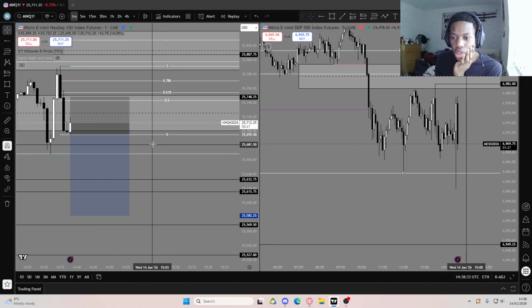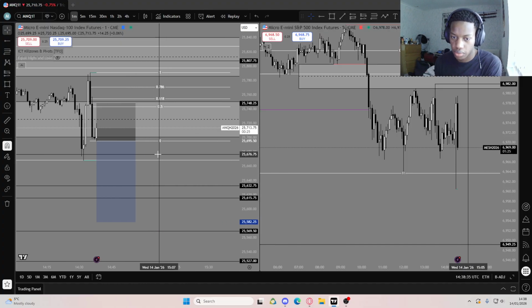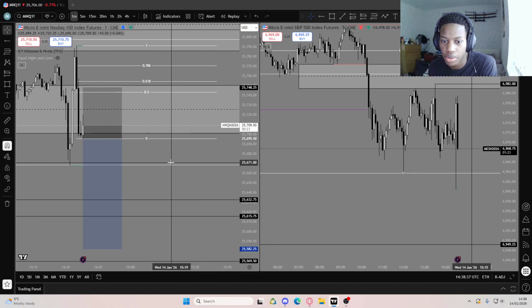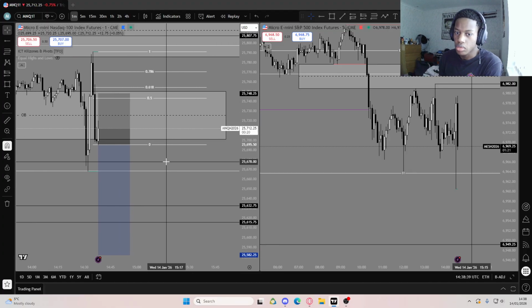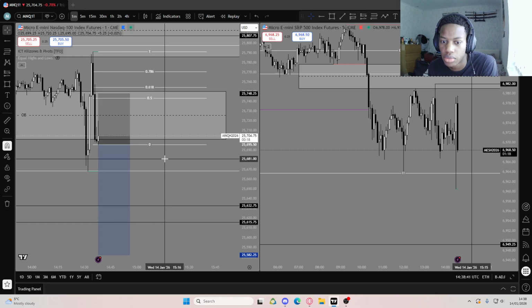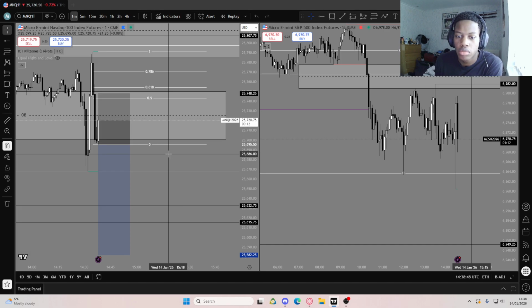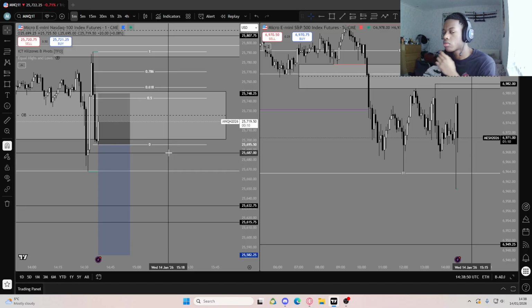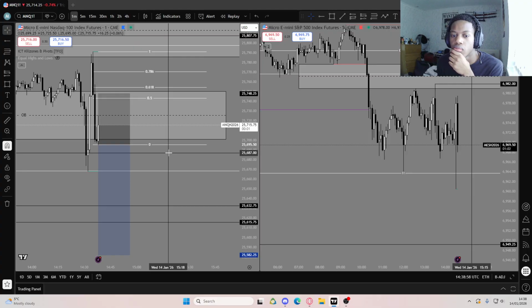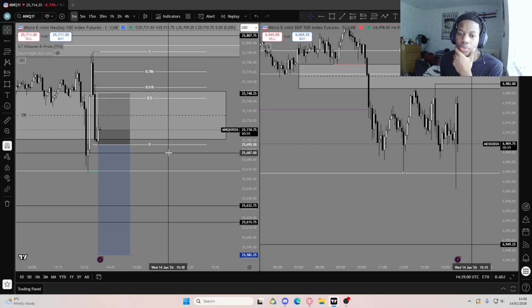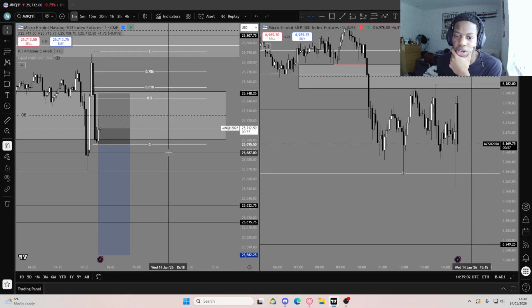This is where we're going to get the inverse, after respecting that 1 minute gap, maybe. Let's find out. Not yet. Rejected off the 1 minute gap though.